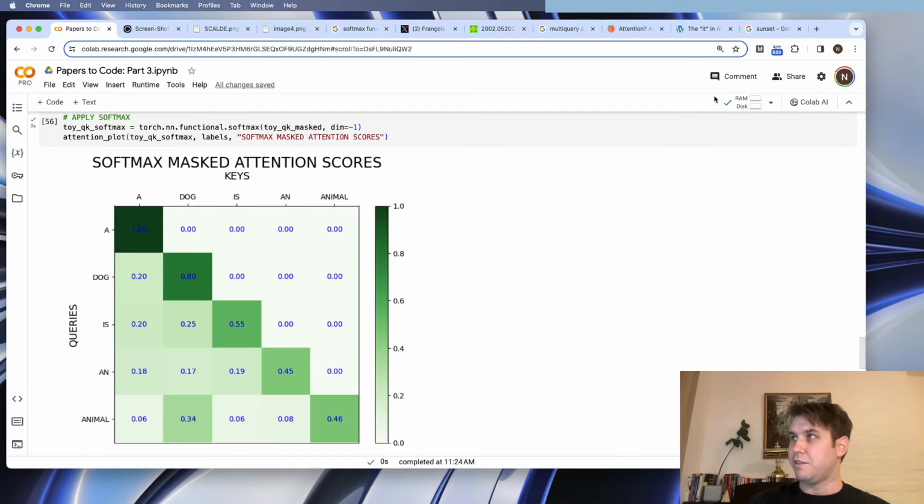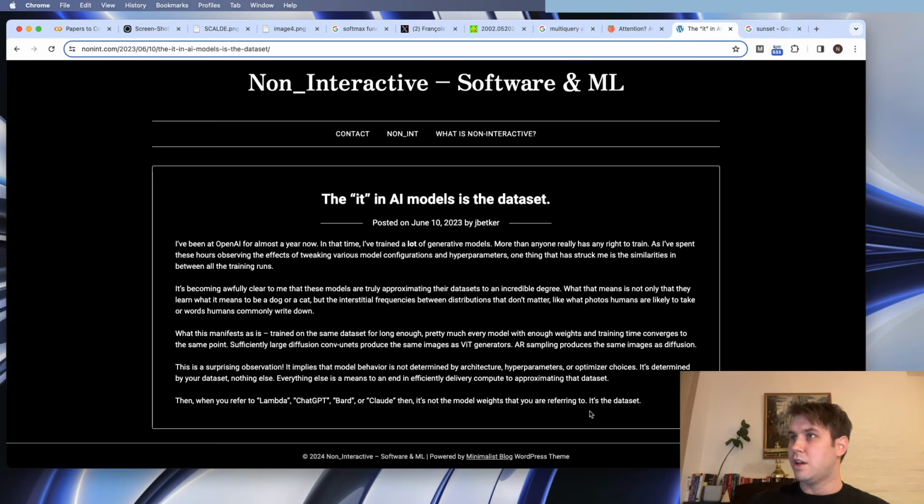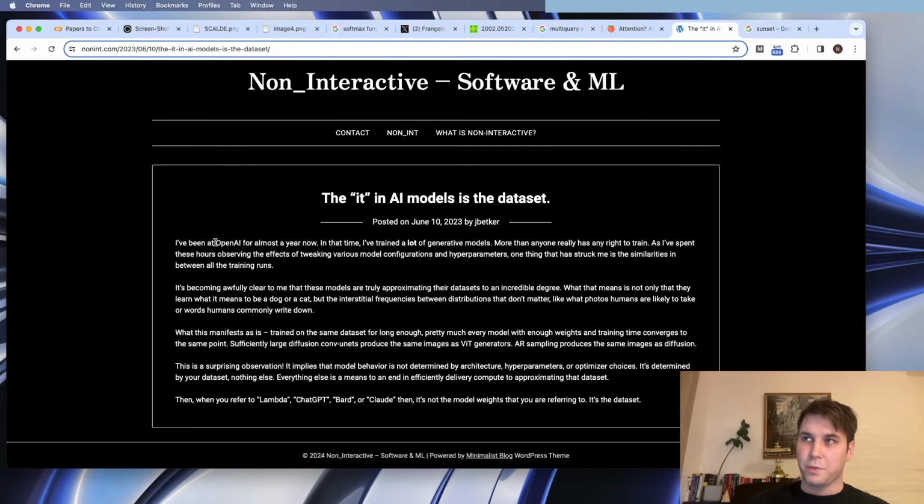And there's a nice summary of this idea here from an engineer at OpenAI. He's saying that he trains a lot of different models, and you can read this, it's very short, but I'm going to summarize it anyways. Trained on the same data set long enough, pretty much every model with enough weights and training time converges to the same point.